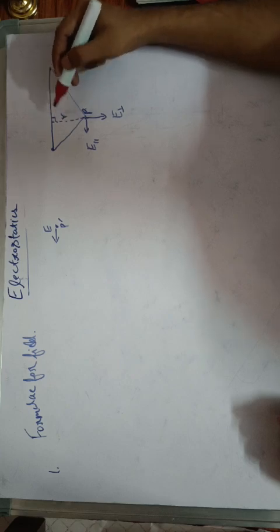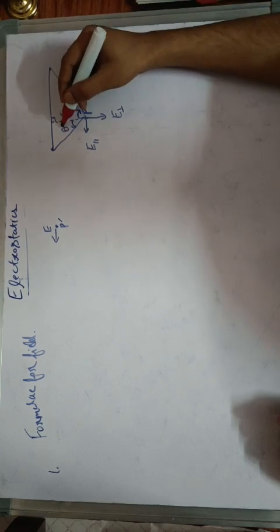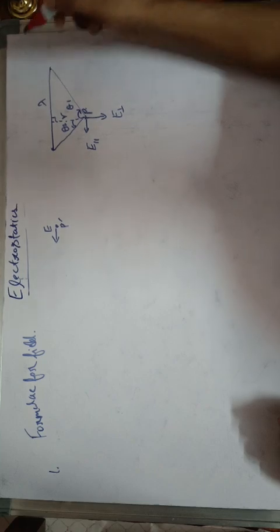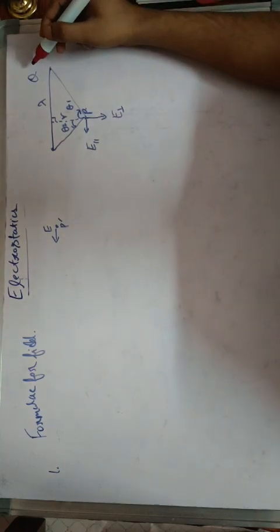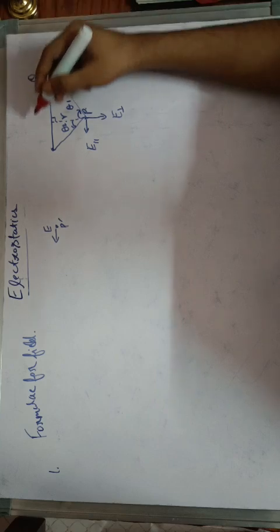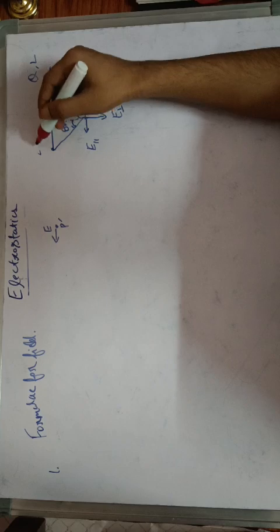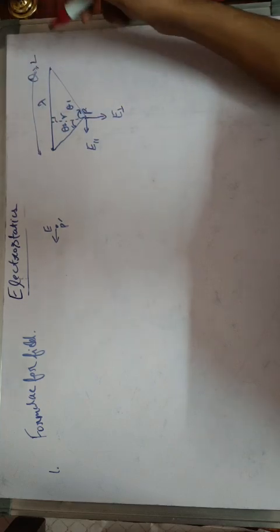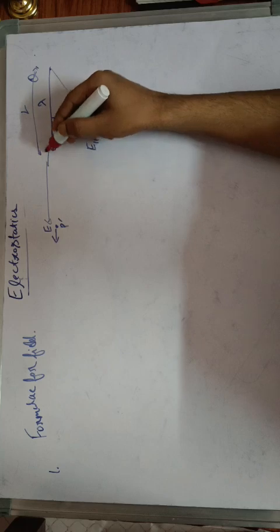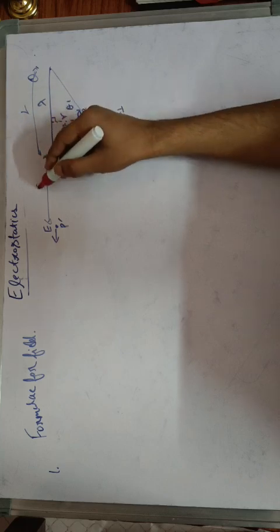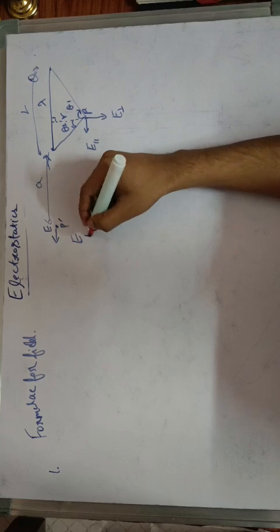This perpendicular distance is r, this angle is theta 1, and this angle is theta 2. The line has lambda charge density, total charge Q and total length L. From this point to this point the length is L, and from this point to this end the length is A.